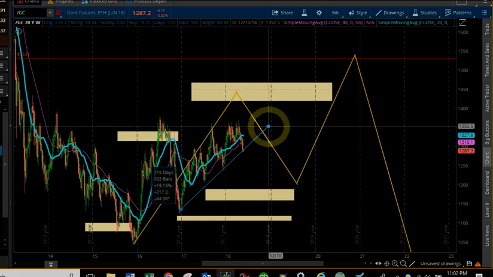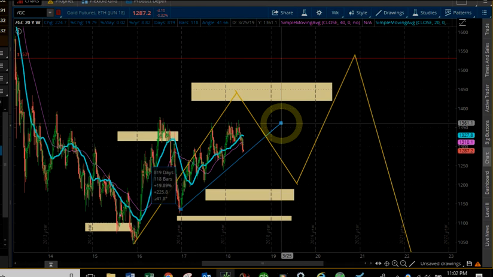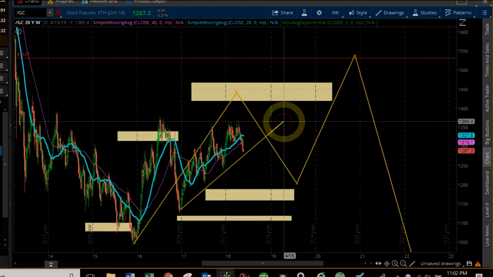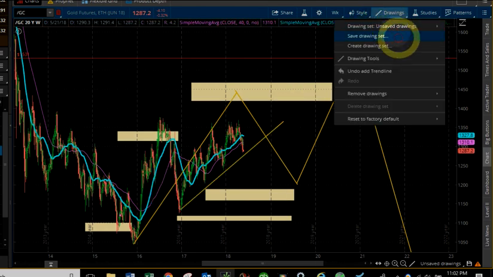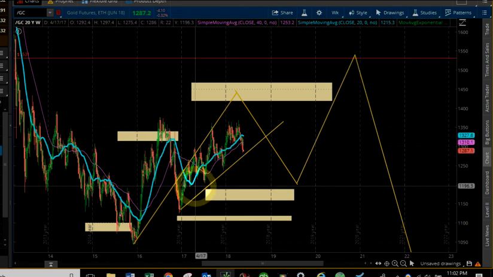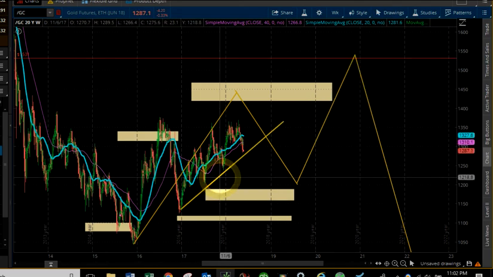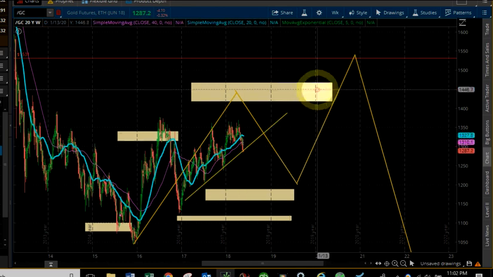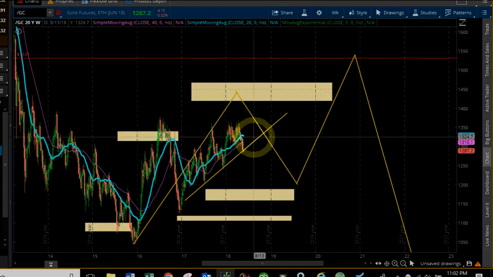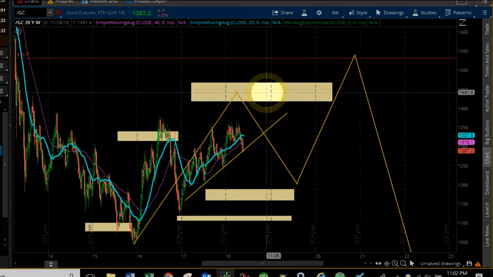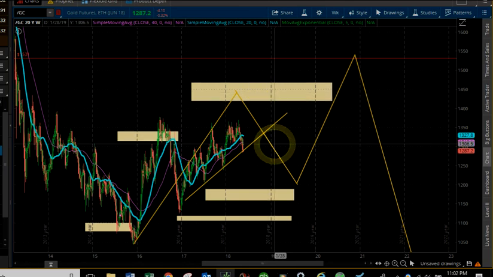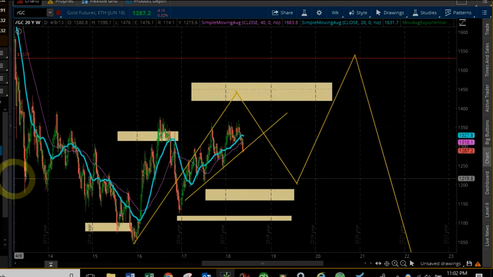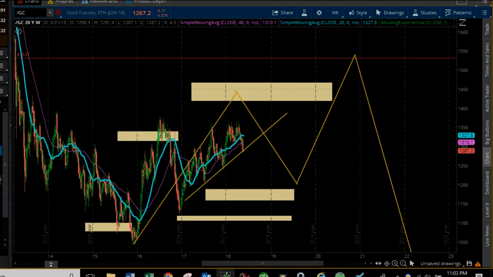Sometimes the way you draw these, you don't include the low, and it works out a little bit better. So if gold bounced tomorrow and rallied all the way up into this area, I wouldn't be surprised. But there's just not a clear pattern on gold and silver right now.